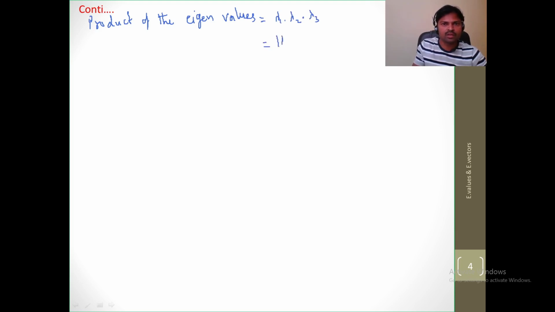This is nothing but the determinant of A, by property number 2. You have to mention that property also in the exam. Since by using property number 1.